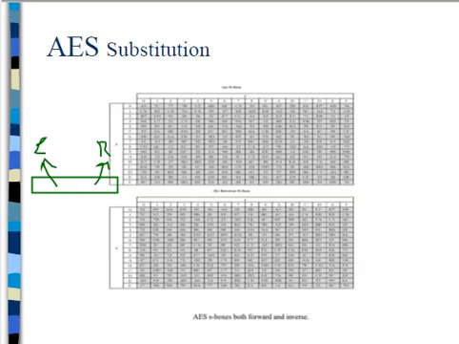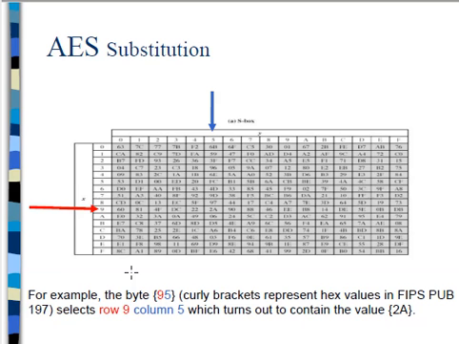Here you can see an example of the S-box and also the inverse of our S-box. For example, consider that we have a byte consisting of 9, 5, shown in binary, and we can see them here.